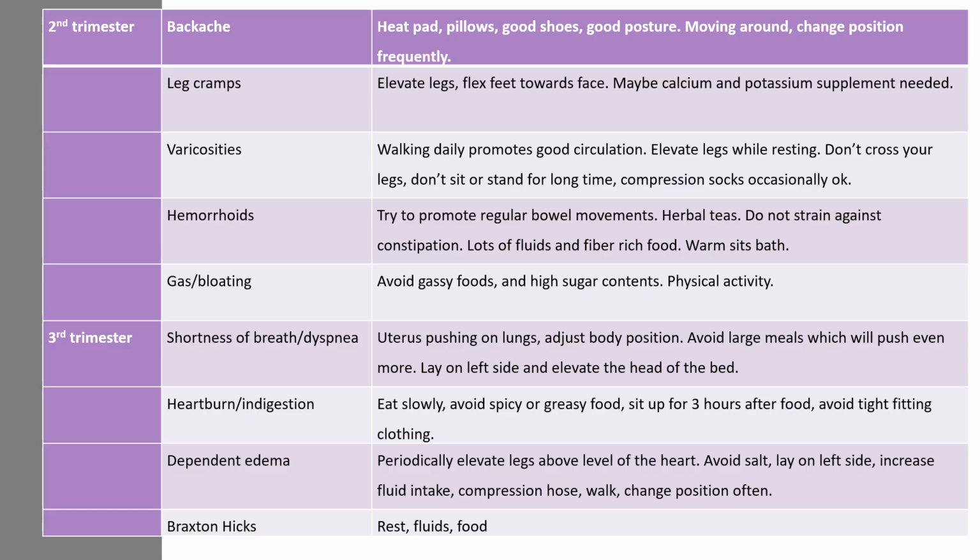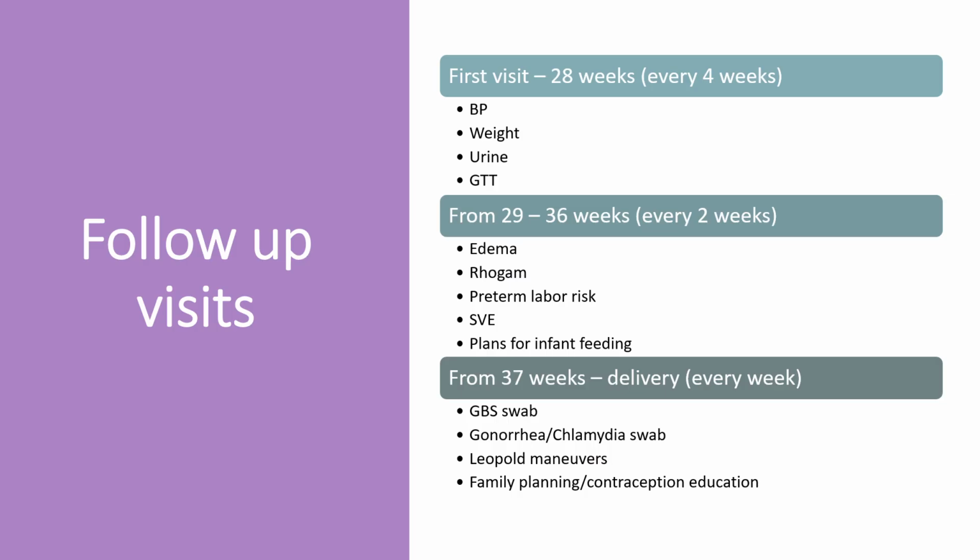And then towards the end of her trimester, between 37 weeks and on, the physicians, providers, midwives will schedule a weekly prenatal visit just to check up on that baby and that mama. So that's the breakdown of the different visits and what we normally do.